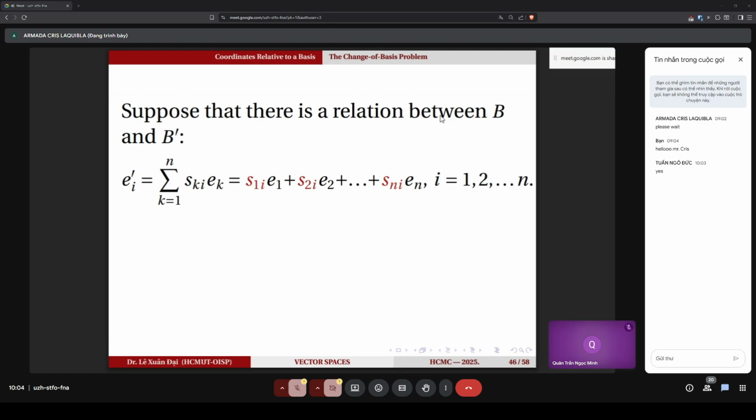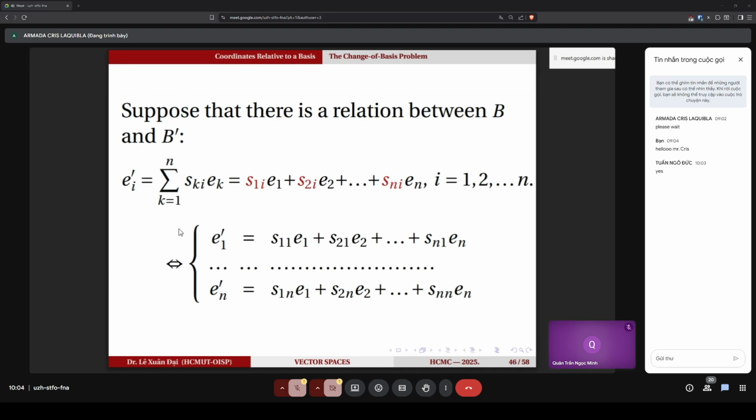So suppose that there is a relation between B and B prime. So ei prime is equal to the summation of s_ki ek. Okay, so if i is 1, this becomes s11, s21 to sn1, en.